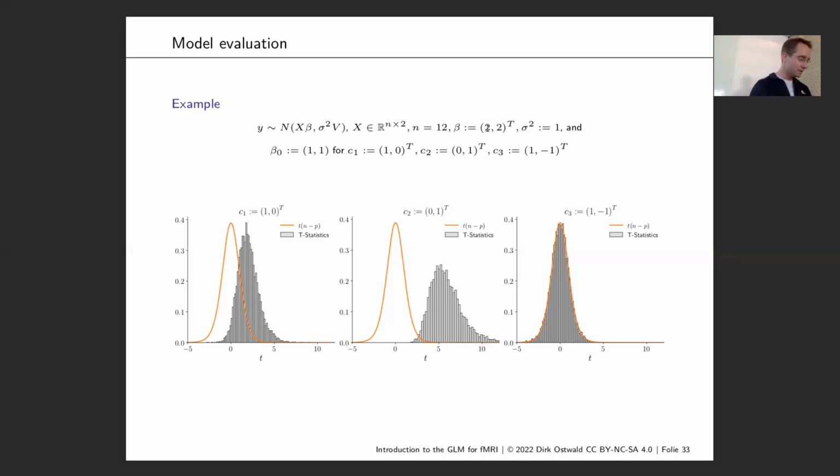So from a hypothesis testing perspective, this is actually a scenario where you would get great results. You could even test the hypothesis that you have zeros here, so no effect. Then you would even get higher t-values because your true but unknown beta parameters are, of course, not 0.